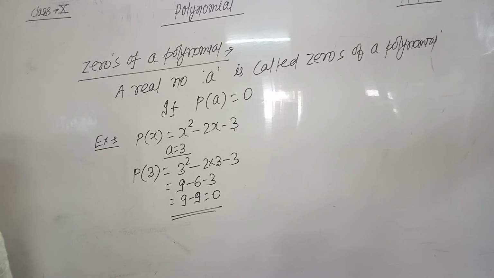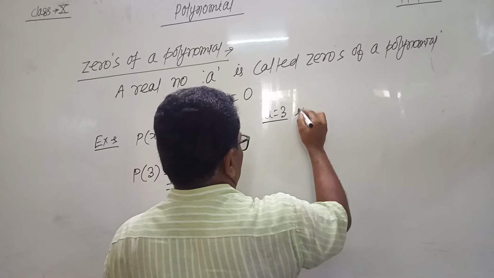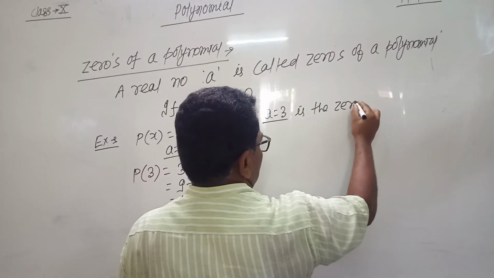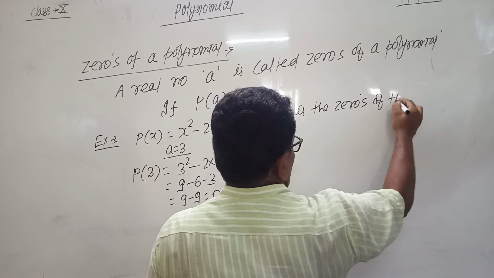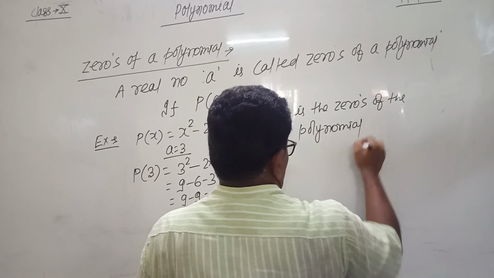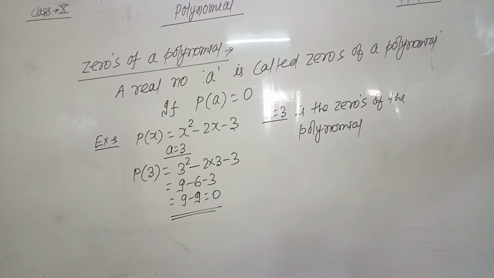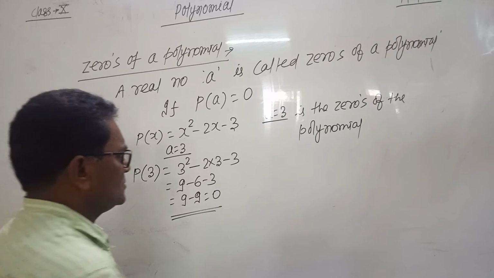It means a equals 3 is a zero of the polynomial, because by putting a equals 3, the expression gives 0. The value of P(3) comes to be 0.